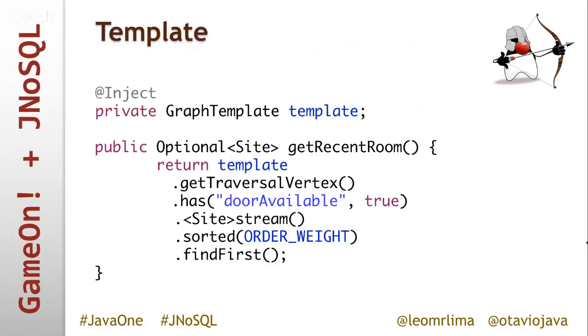The way we thought about the centering problem was just to add weights to the rooms, so we order by weight and then get the first one, and there might be no sites available, so there's an optional site. So it's really readable, and really easy to build your queries when using NoSQL.